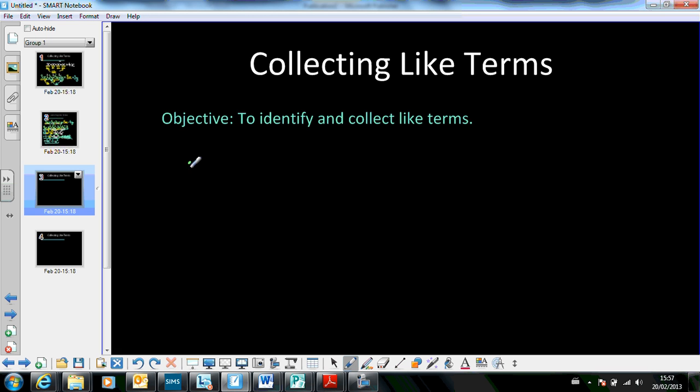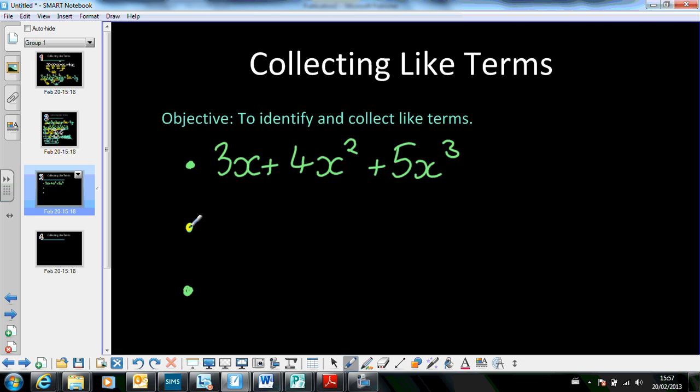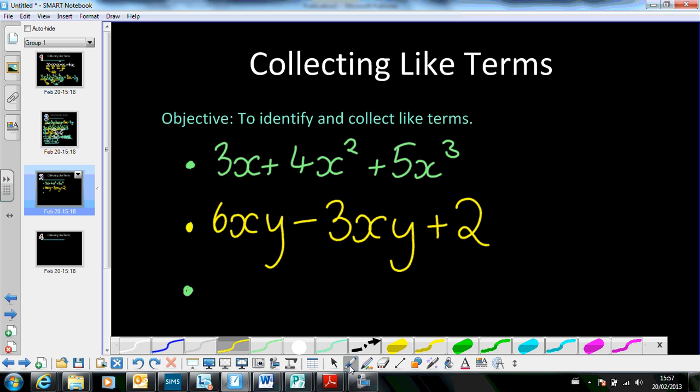So which of these 3 expressions can be simplified further? The green one, the yellow one, or the blue one.